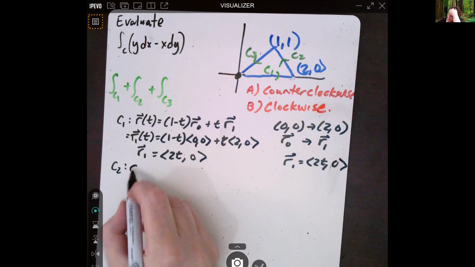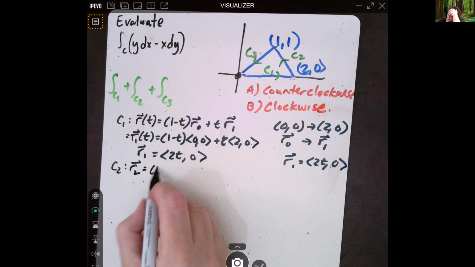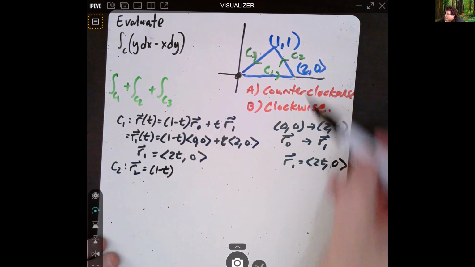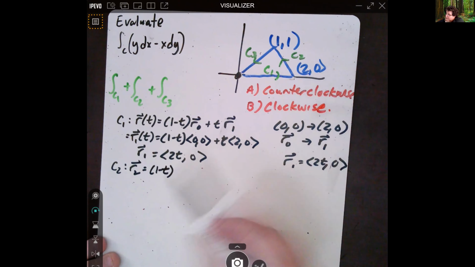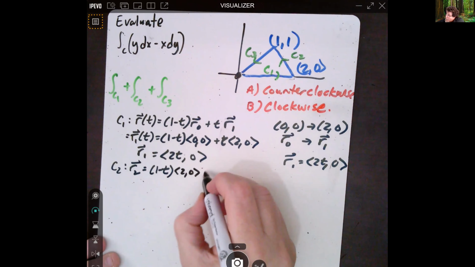Again, we're doing 1 minus t. We're starting on curve 2 at 2, 0, and we're ending at 1, 1.